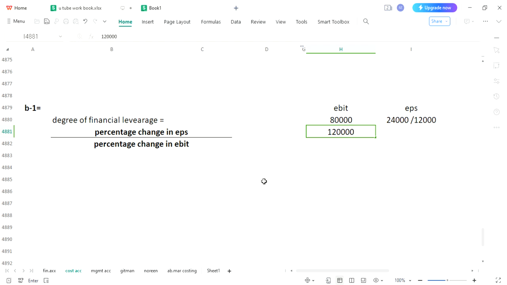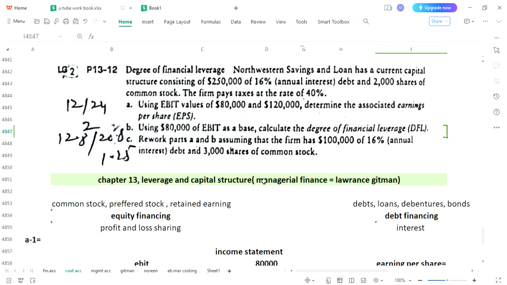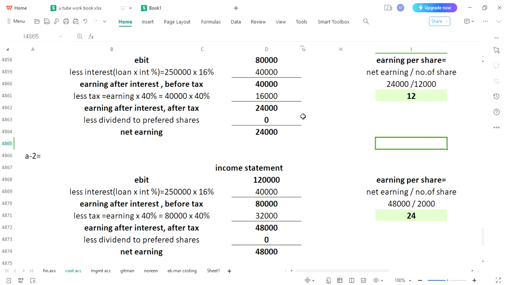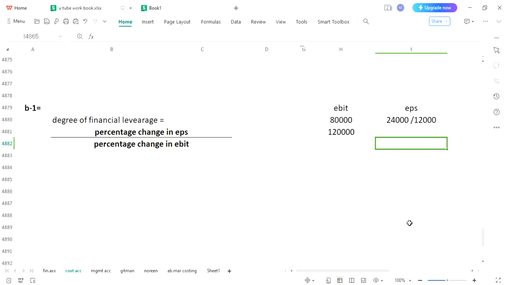For this we have also calculated EPS. Look over here, second EBIT is 120,000, for which you have calculated 24 as earning per share. So you can write 24 over here.